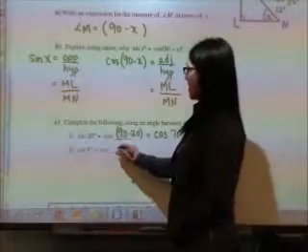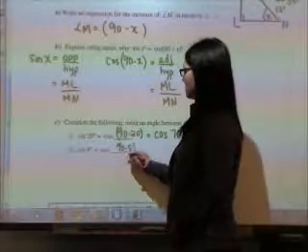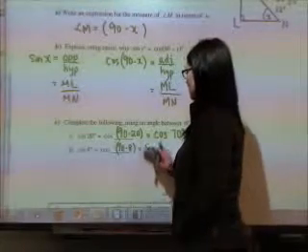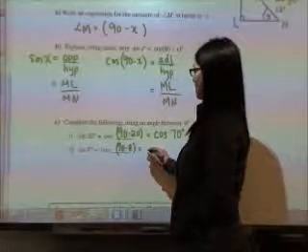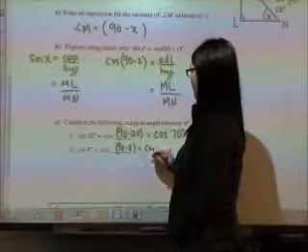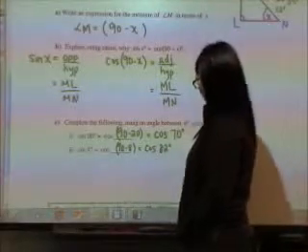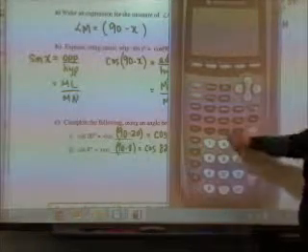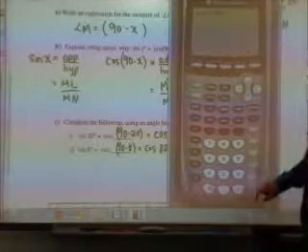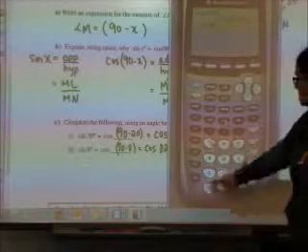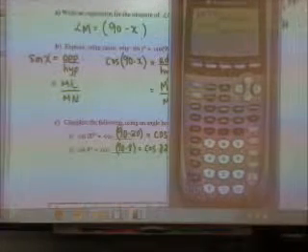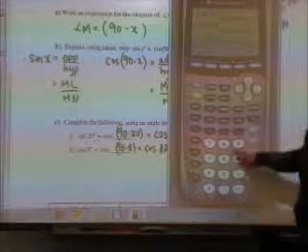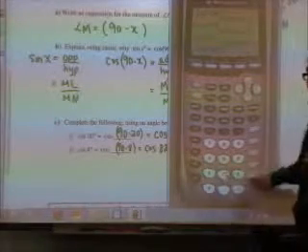And what's 90 minus 8? 82, yep. And I can check this. Sine 20, cos 70. Sine 8, cos 82.